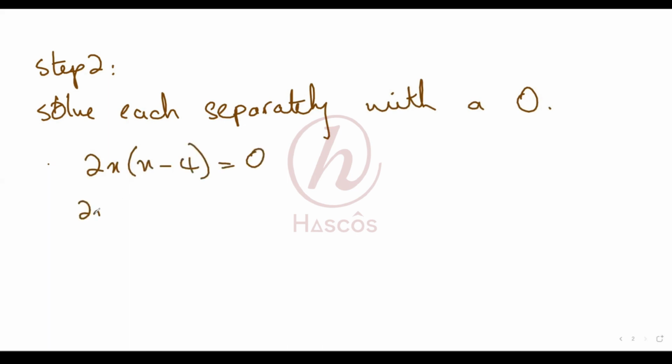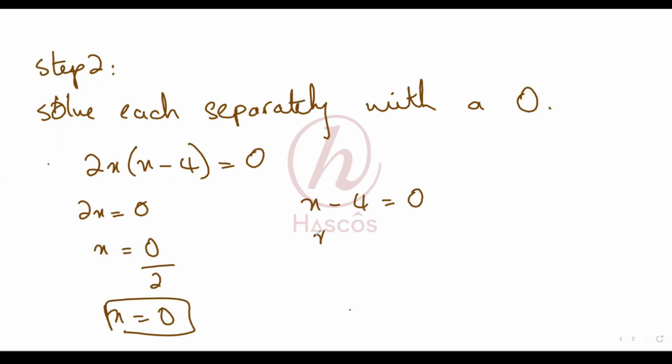We're going to solve 2x equals 0 separately, and x minus 4 equals 0 separately. We take 2 on the other side, it's 0 upon 2, and this becomes a 0. So x equals 0 is one value. We have x minus 4, we take 4 on the other side, it becomes a positive 4. We have two values, x equals 0 and x equals 4.